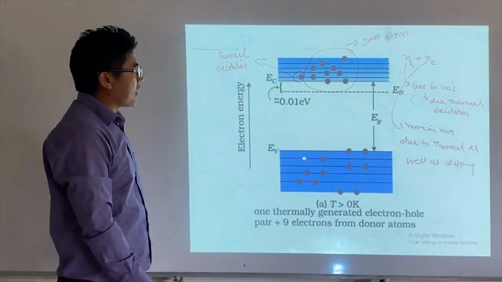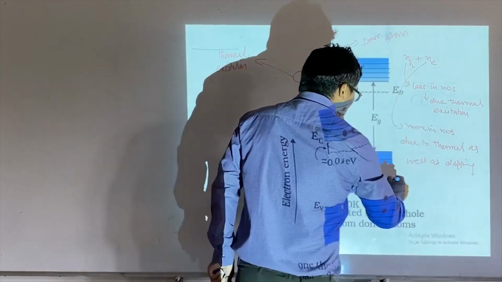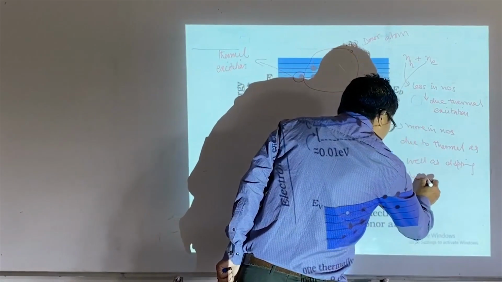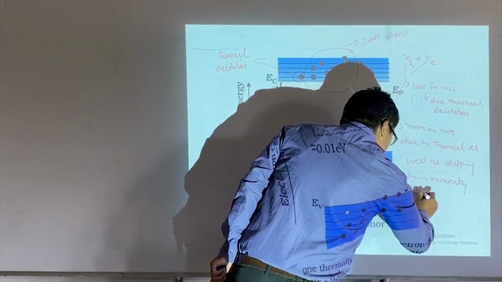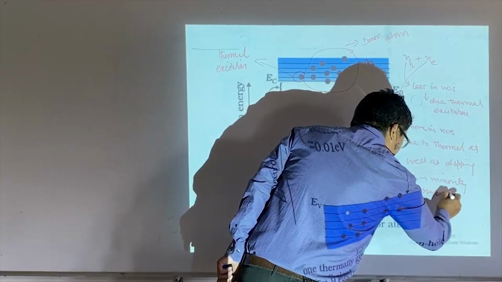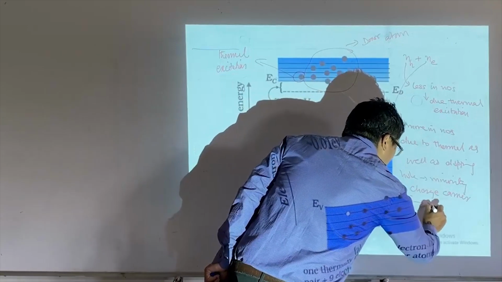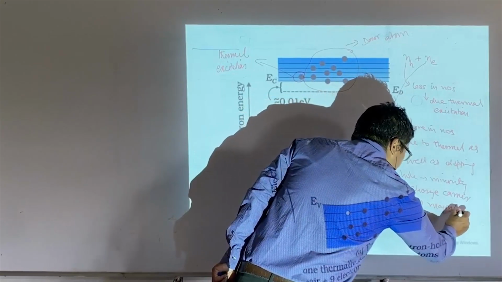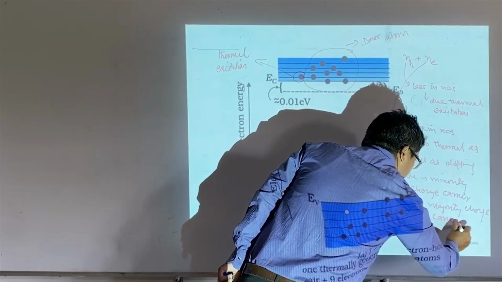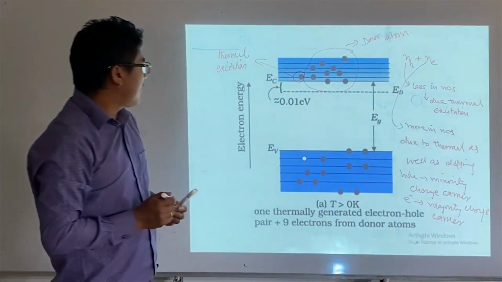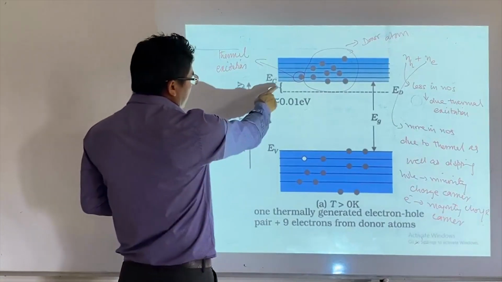So therefore, in this process, what we say is that hole is what we call a minority charge carrier, and electron is what we call a majority charge carrier. This is what we have. All right, and this is for germanium.